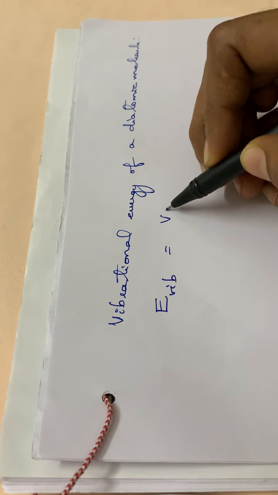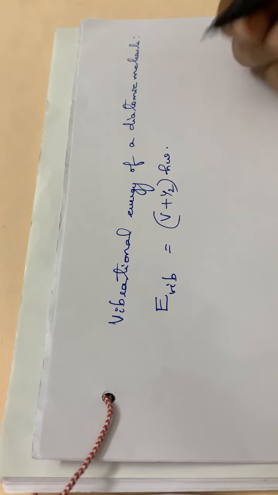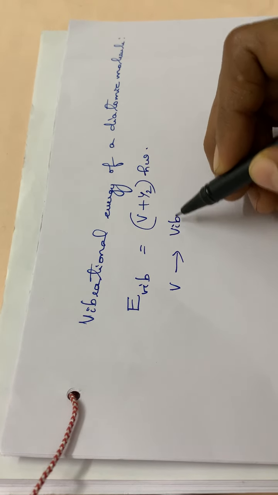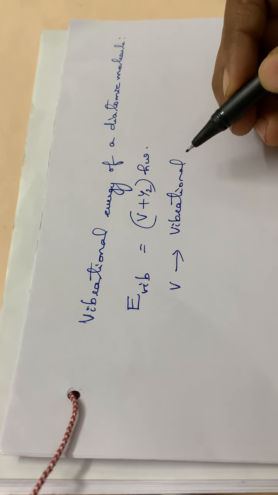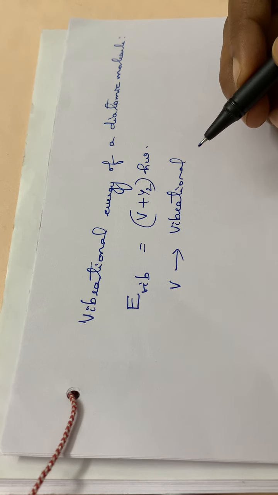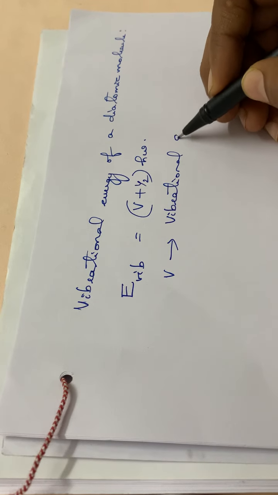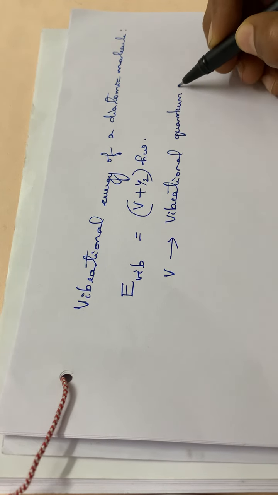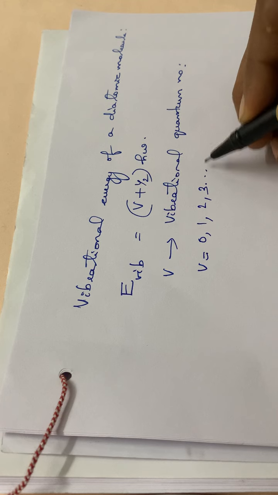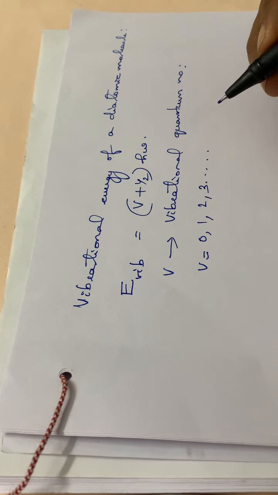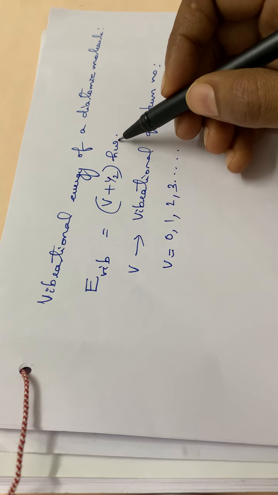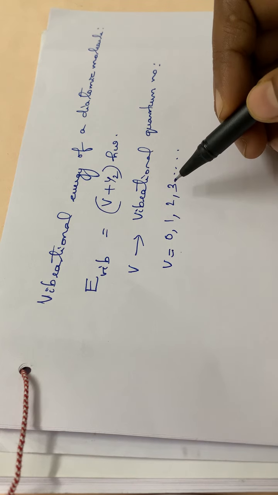E vibrational is equal to (v plus half) times h omega, where v is the vibrational quantum number, and we can have values 0, 1, 2, 3, etc.